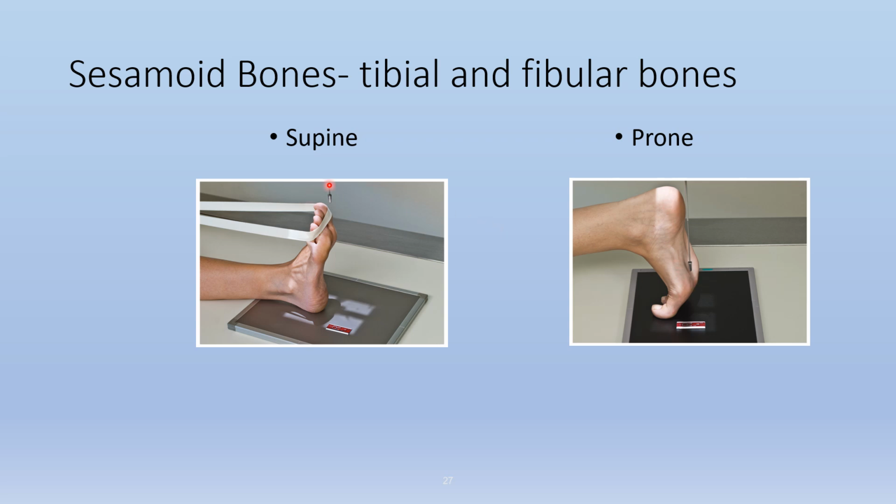But notice the central ray on both is just skimming through this section. The central ray is perpendicular to the IR and tangentially directed to the first metatarsophalangeal joint. Now, that is totally dependent on how much dorsiflexion there is.